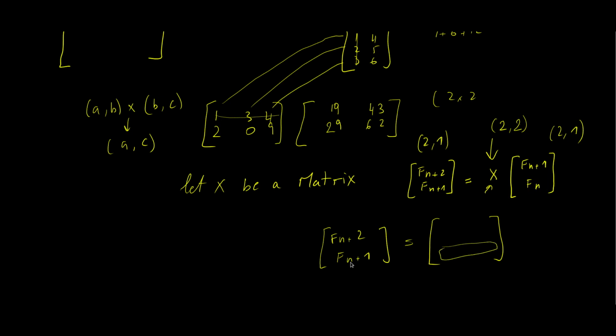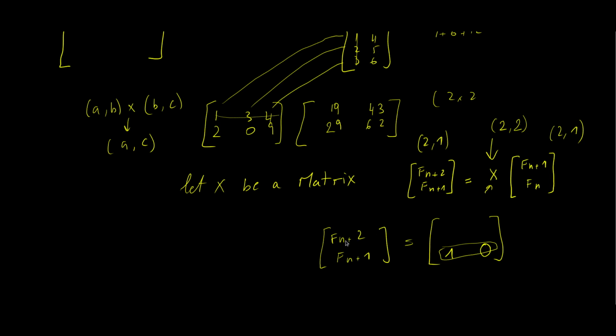So do we have an f of n here? We don't. So we should have a 0 here. What about f of n plus 1? We have an f of n plus 1 here. So we should have a 1 here. And if we multiply this way, we will get f of n plus 1 times 1, which is equal to f of n plus 1, plus 0 times f of n, which will give us f of n plus 1. So that works. We are good to go with this second row.